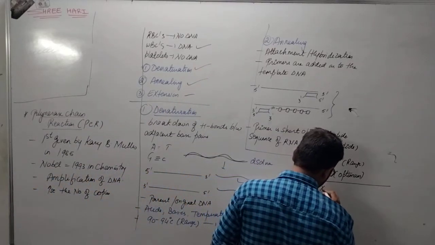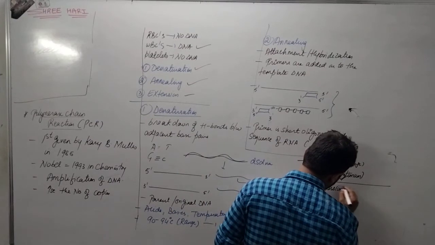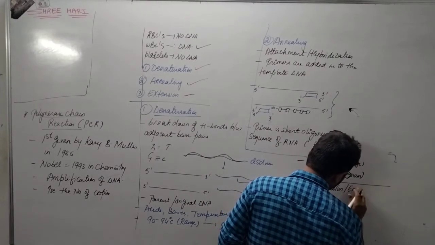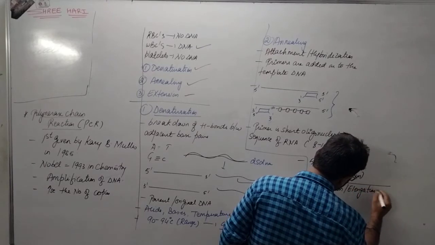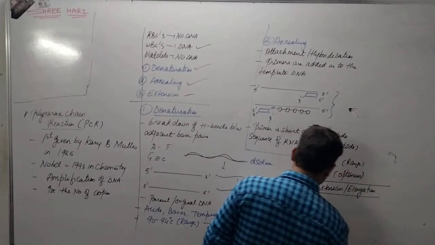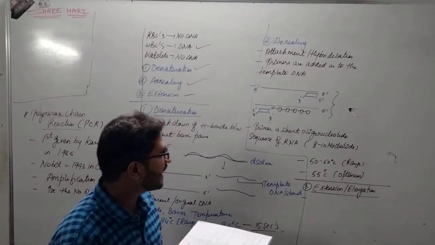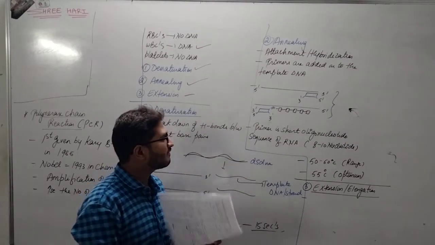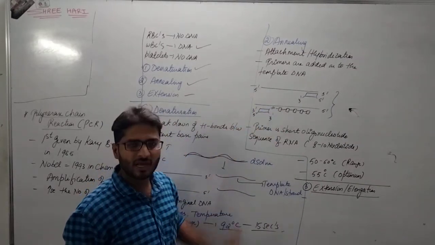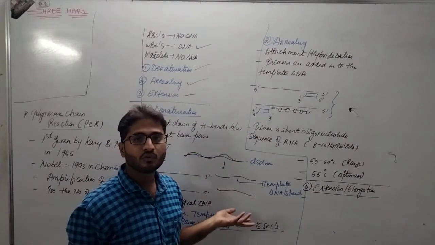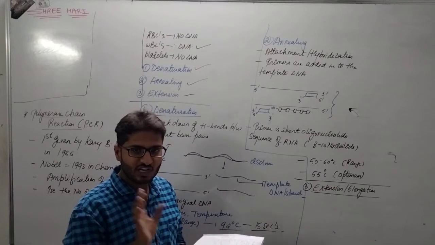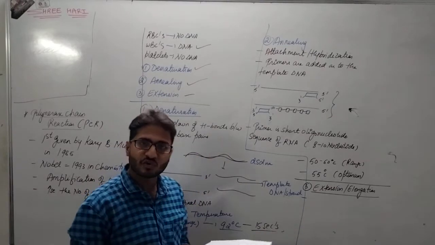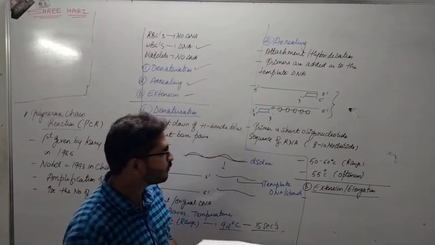Anyone you can refer. Extension or elongation. So basically, now what we have in our hands, we have the template DNA, we have the primer, right? What we are waiting for? We are waiting for only an enzyme, that is DNA polymerase, because DNA polymerase recognizes the origin of replication sequence.